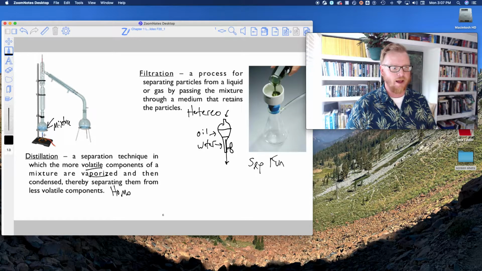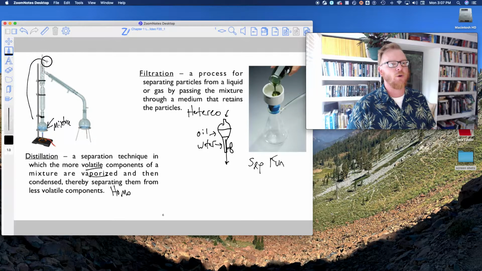It's hard to see, but there it is. It's heating the mixture up. In this mixture, there will be substances that have different boiling points, okay? The one with the lower boiling point will evaporate first and travel up this tube, and then it will condense because you typically have cold water circulating in and out of this thing.